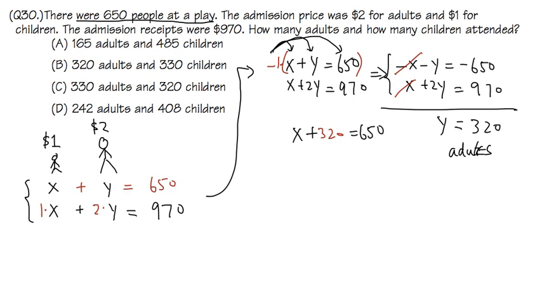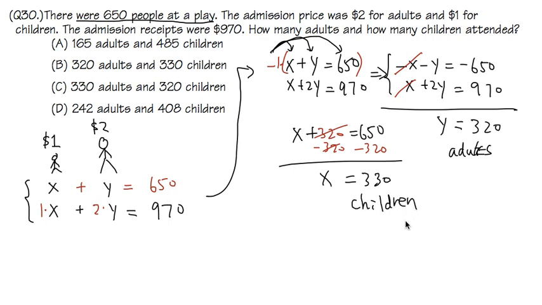Well, we are just going to minus 320 on both sides. This way we can cancel this out, and I will get the X by itself. X is equal to 330. And this is the number of children there were.